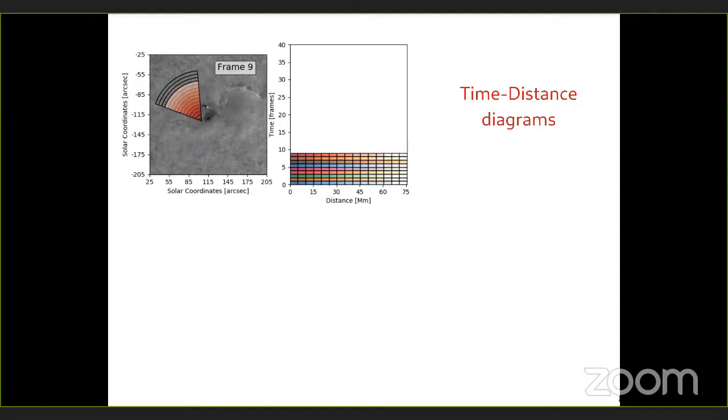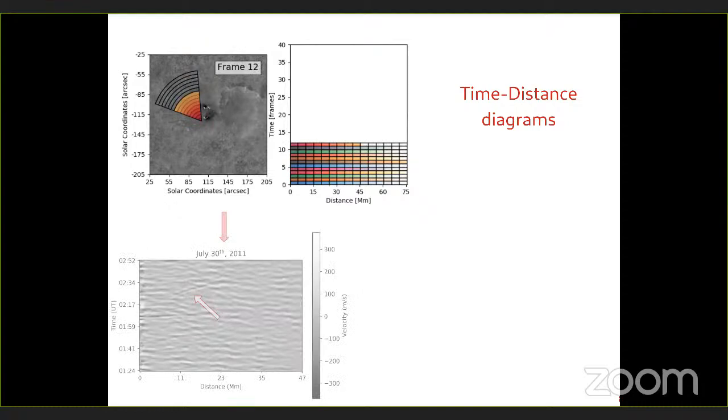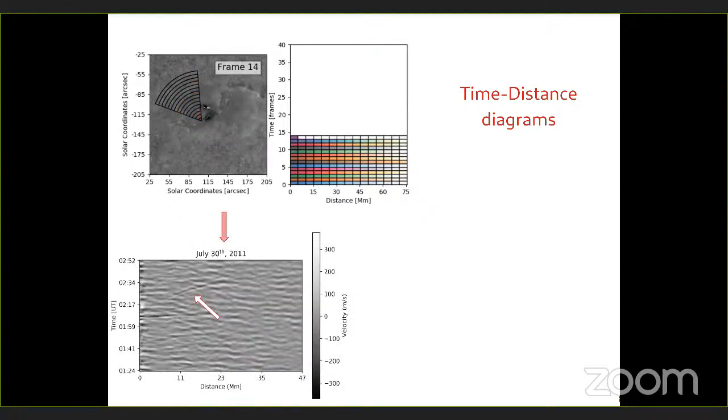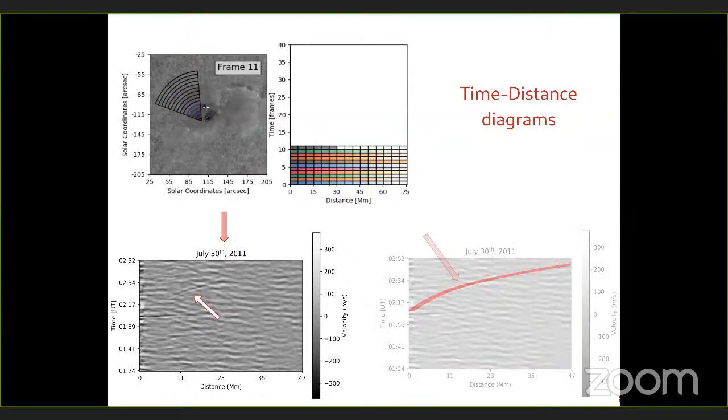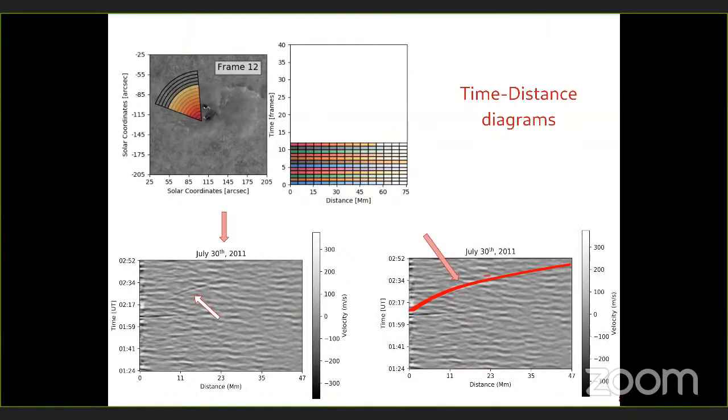So we have a diagram such as that, in which the presence of the sunquake event is related to this ripple as shown here by this white arrow. We can even overlay the theoretical path of these waves as shown here by this thick red line, which is called the Ray Path Approximation.